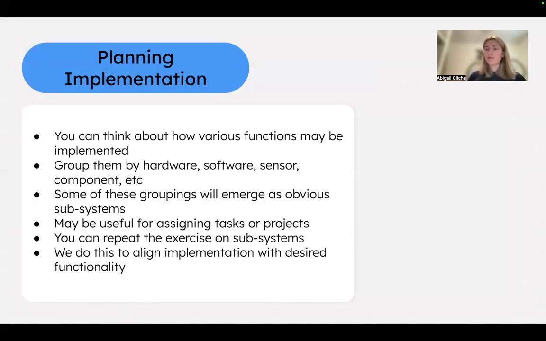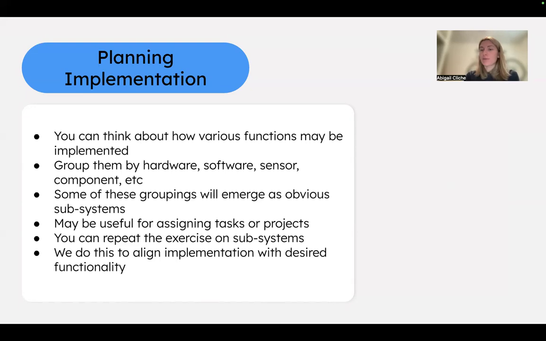So once you have developed all of your system functions, you can use them to help plan implementation. So sometimes it's useful to start grouping functions together, maybe even draw a diagram and start putting things in different circles and start to conceive what functions might belong to what parts of a system. And in this way, you can develop some subsystems.